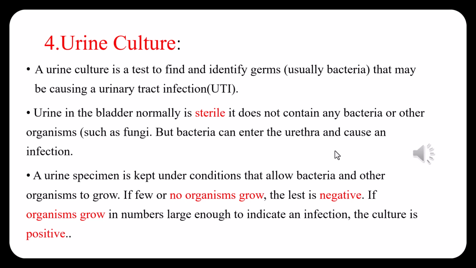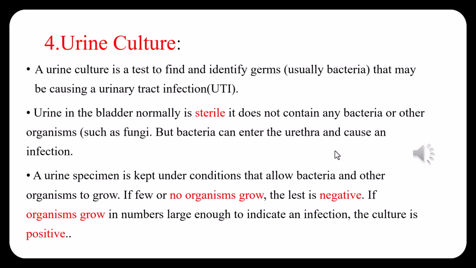The urine specimen is kept under conditions that allow bacteria and other organisms to grow. If few or no organisms grow, the test is negative. If the organisms grow in numbers large enough to indicate an infection, the culture is positive. It means that after the urine comes to the laboratory and you start culturing, we have to know if there are bacteria present in the sample or not.